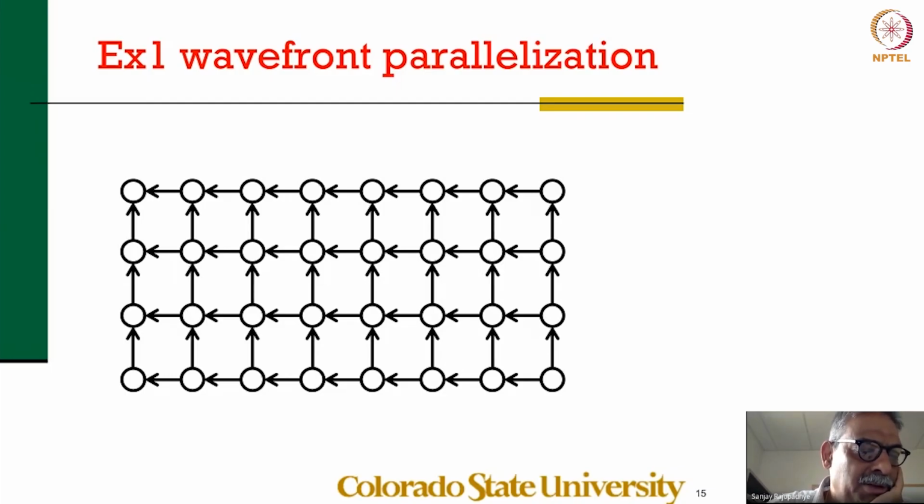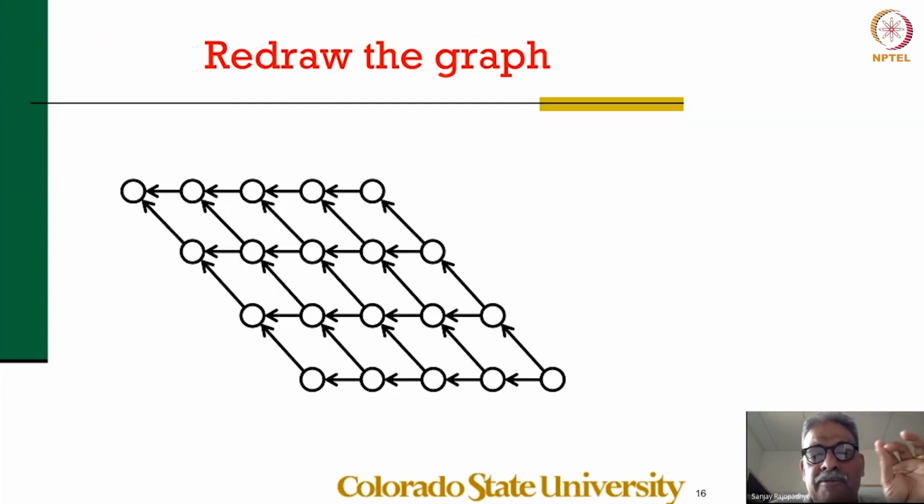I've said a mouthful here, okay? You have to think about this, but look at this. I'd redraw the graph like this, okay? Basically what I'm doing is I'm shifting every row to the right by one more than the previous row, okay? So what used to be a vertical dependence is now going to be towards the northwest. And my diagonals have become vertical lines.